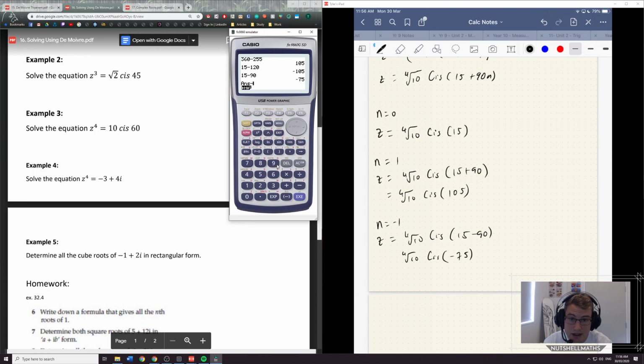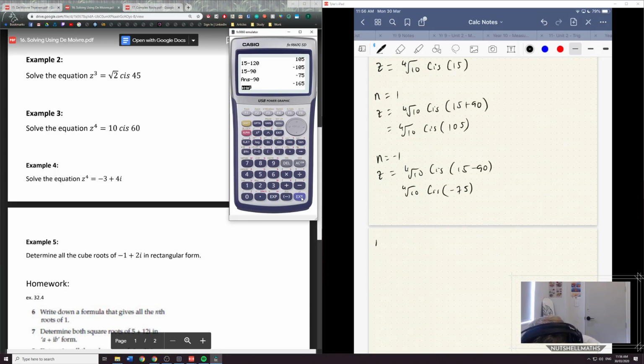So if I minus 90 onto this, I know I'm not going to get over 180 in the other direction either. So n equals minus 2 would produce z equals 4th root 10 cis minus 165. And those are our four answers.